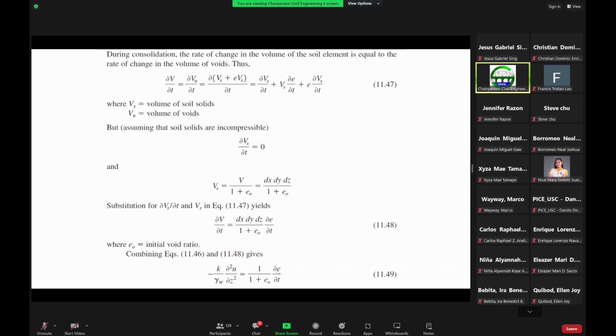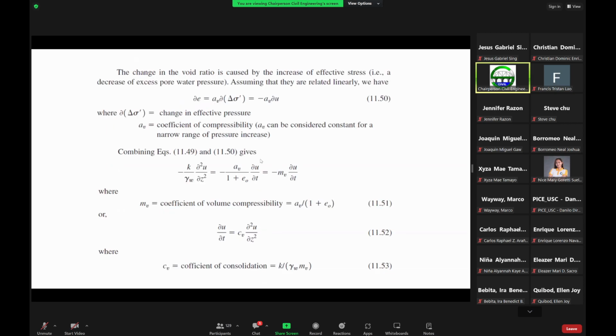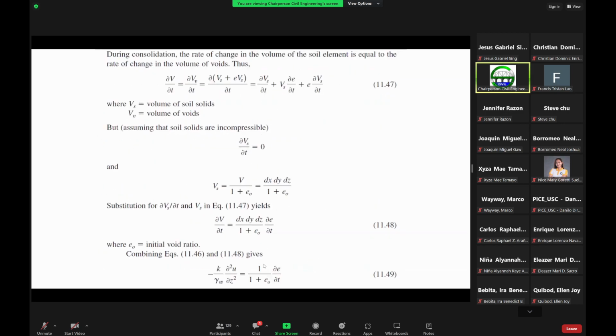We no longer have this void ratio term here, and that is now being replaced by this term here. So we now have A sub V here over 1 plus E sub O.